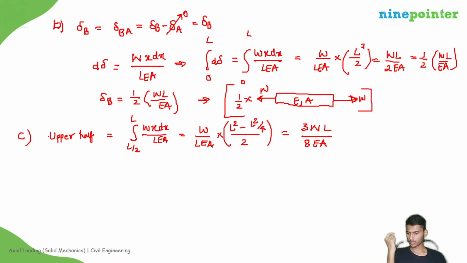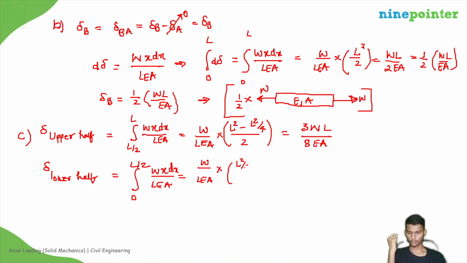For the lower half, the integral limits will be 0 to L by 2. The formula again is Wx dx by L E A. That will be equal to W by L E A into L squared by 4 minus 0, divided by 2. That means it is equal to WL by 8EA, right?